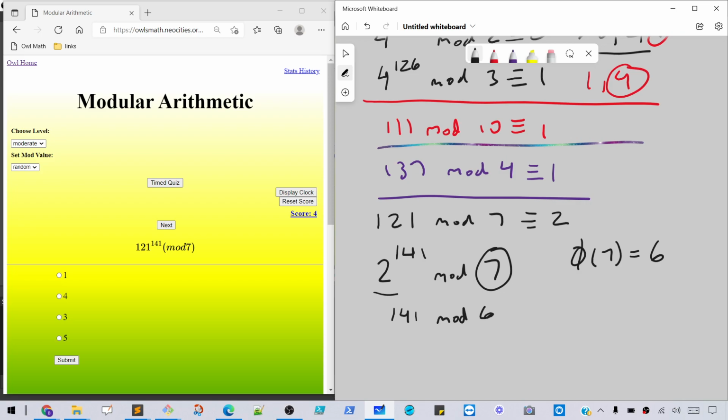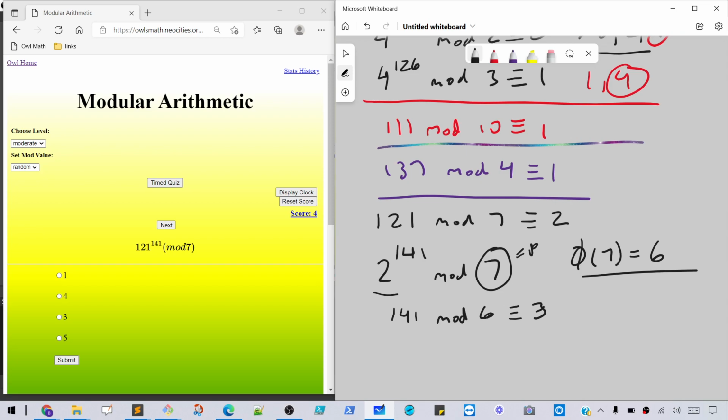You can look at it either from Euler's theorem perspective, or Fermat's theorem just says p minus 1, with p being 7, p minus 1 being 6. So let's look at 141 mod 6. 141 mod 6 is going to be congruent to 3.